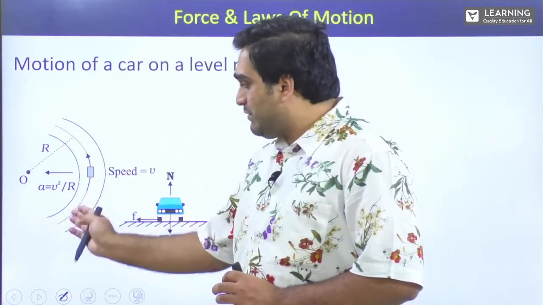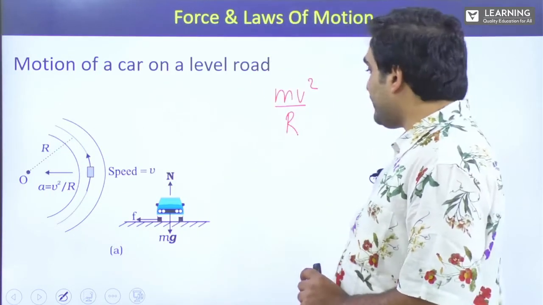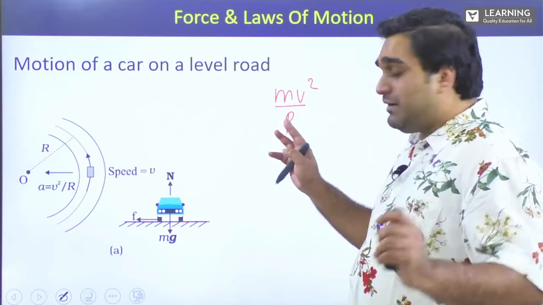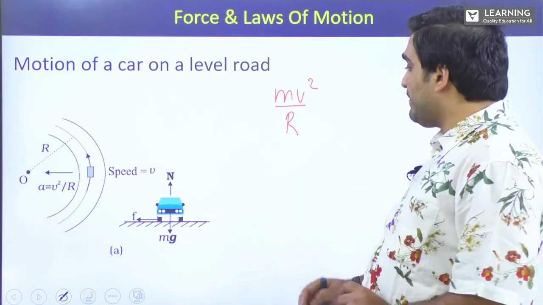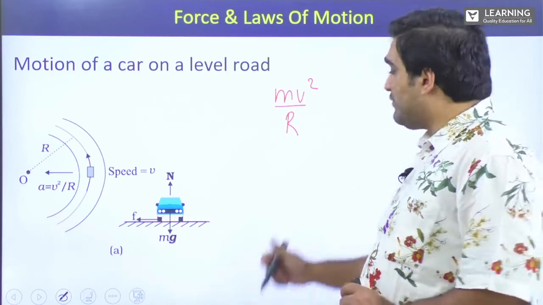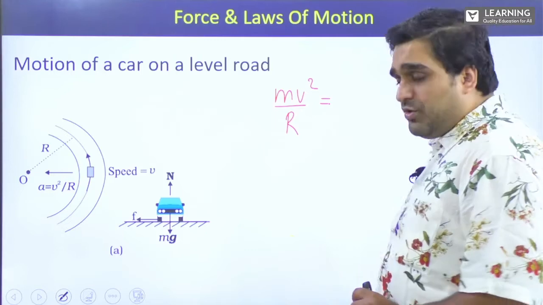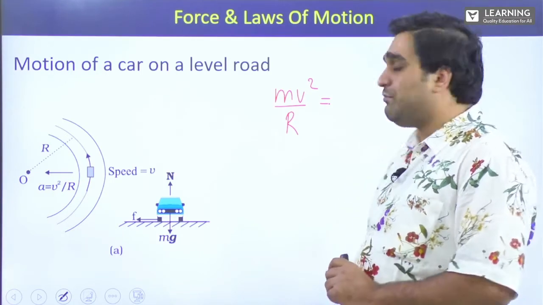So what is the maximum velocity this car can travel along a circular path? To identify that maximum velocity, we already have velocity in the expression. But this force, which is the centripetal force, is equal to the frictional force of an impending motion.